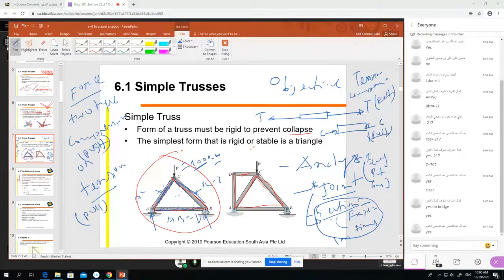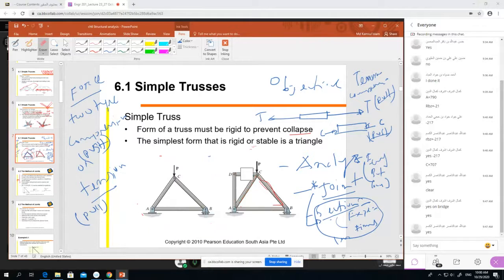As an example, the members here are AC, BC, and AB.